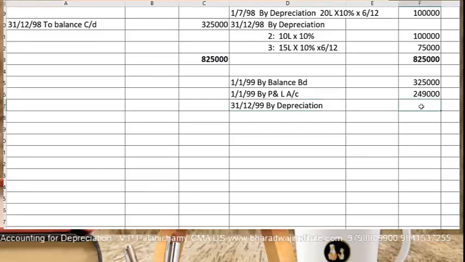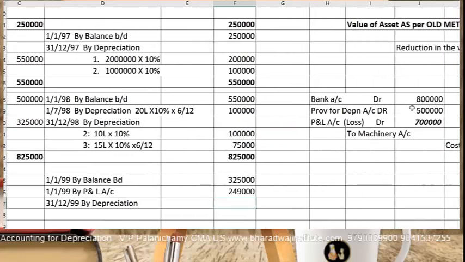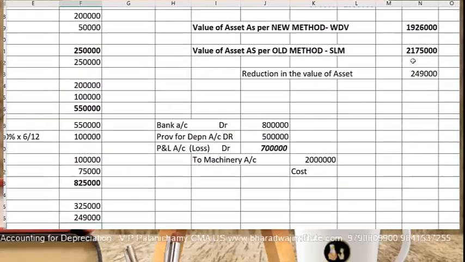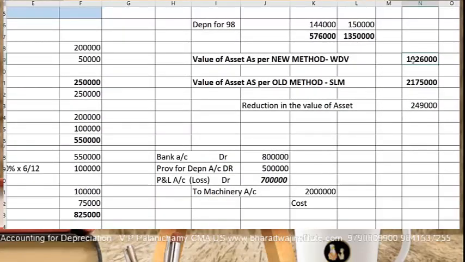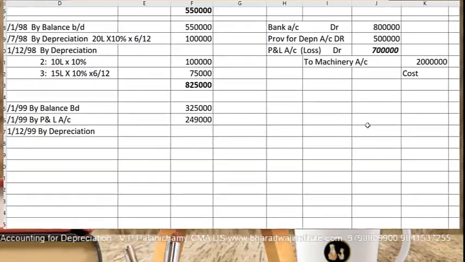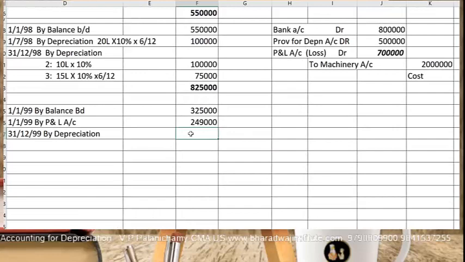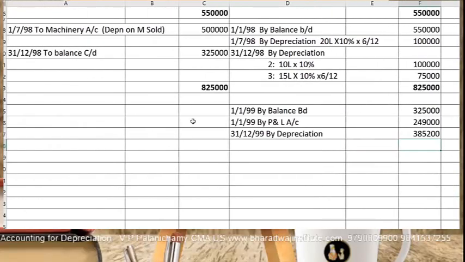By depreciation will be on the new value of the asset. What is the new value? This 19,26,000 into 20%. Like this depreciation will be provided.